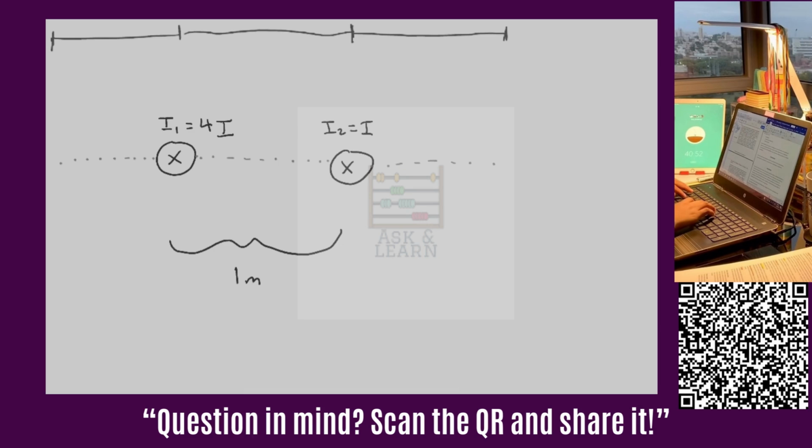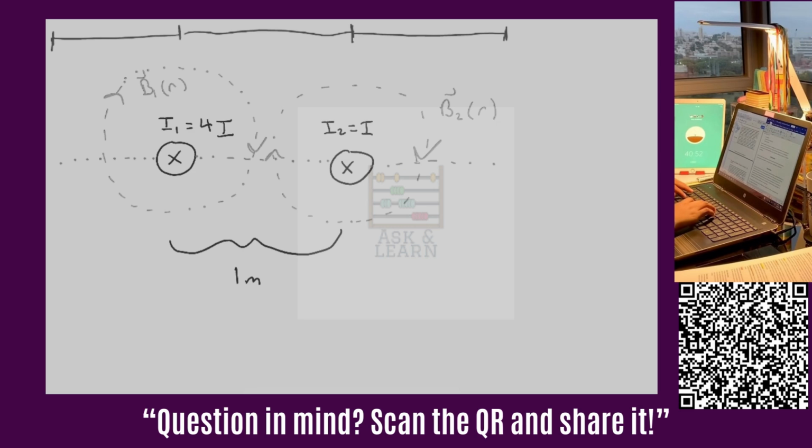So both of these wires are going to be creating magnetic fields, circular magnetic fields around them that are clockwise in nature, right? So this would be, say, the magnetic field from wire 1, but that's going to vary with distance. And this is going to be the magnetic field from wire 2, but again, that's going to vary with distance.